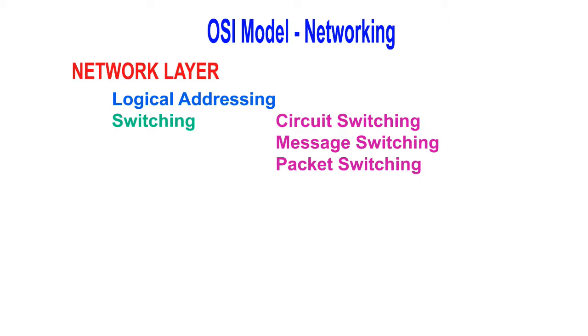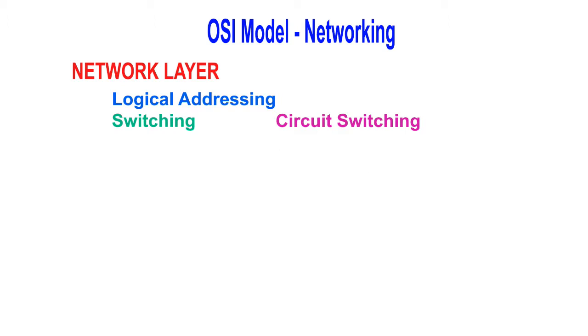There are three types of switching in the network layer: 1. Circuit switching, 2. Message switching, and third is packet switching. Circuit switching. Circuit switching connects the sender and receiver by a single path for the duration of the conversation.